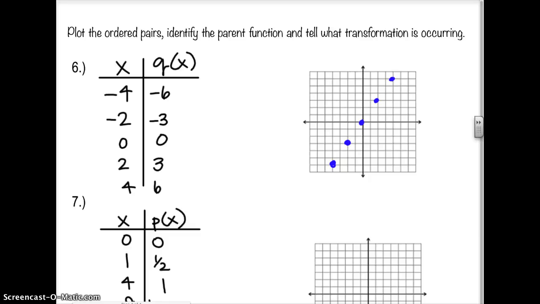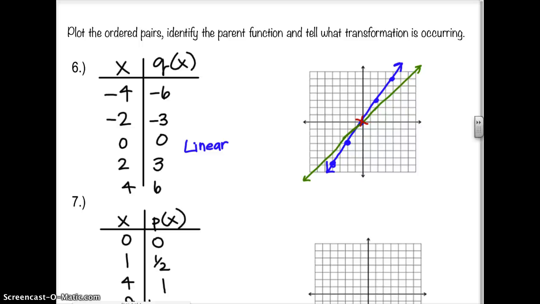You guys can already tell that this is a linear function. So we could graph the linear parent function. There's our linear parent function. The blue graph and the green graph start in the exact same spot.